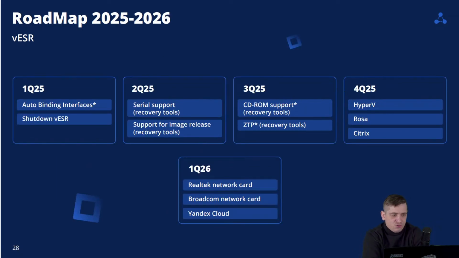Then for virtual ESR, we shall implement auto-binding interfaces, support for recovery tools, for serial support, for CD-ROM support, for ZTP, and in first quarter of 2026, we shall implement many cloud services. We shall integrate cloud support for networking, for Broadcom network card, for Yandex Cloud, and many more.